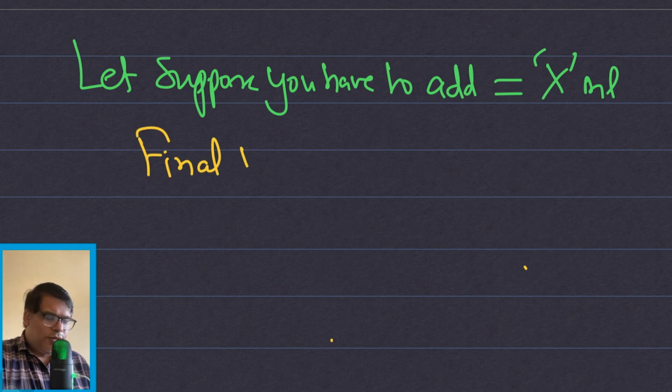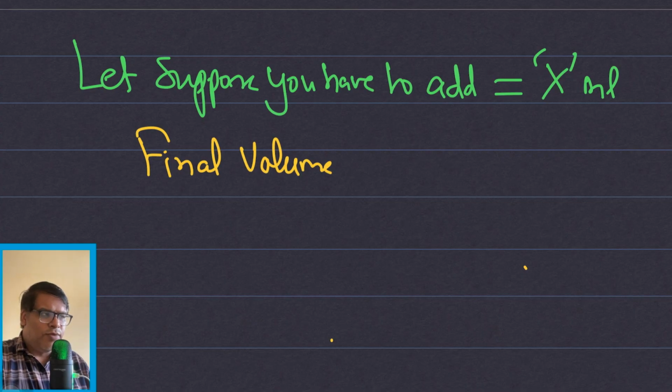Now I have told you that you have to identify everything: C1, V1, C2, V2. So what is going to be the final volume?